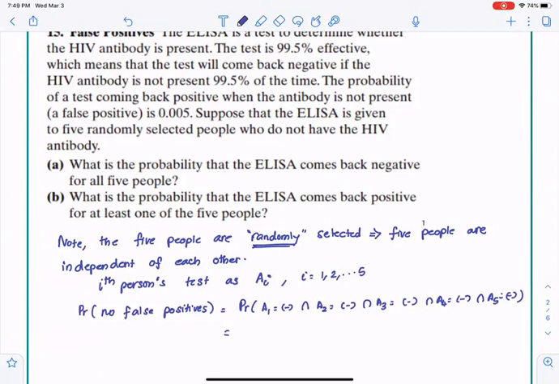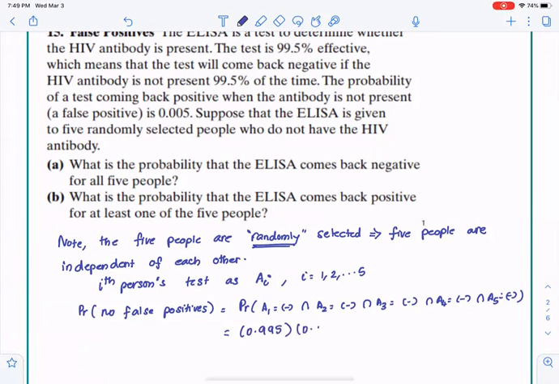Since they are independent, we simply multiply the probabilities. What is the probability that we'll get a true result, in other words, no false positive? It is 0.995.